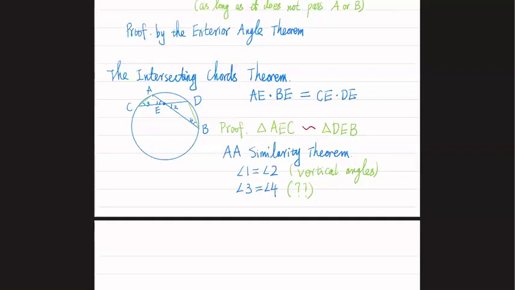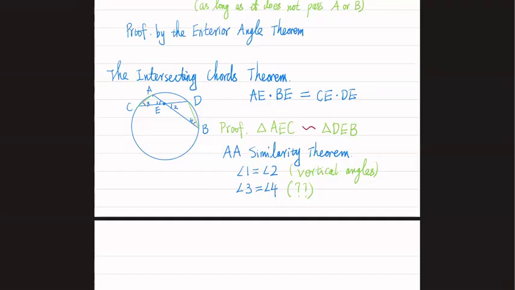Jessica, angle 3 and 4. What's your guess? I think, I don't know.